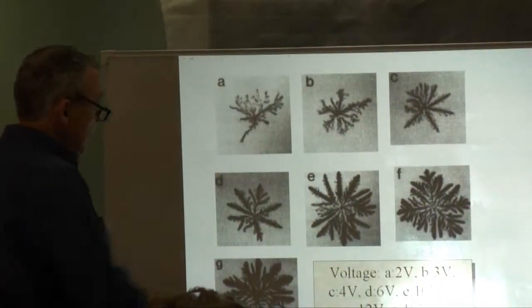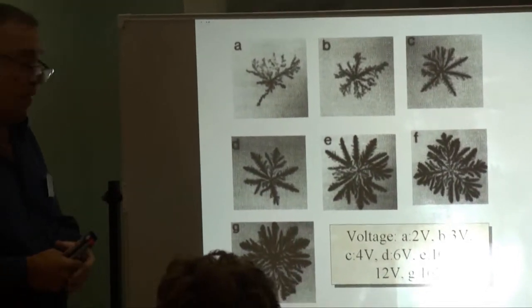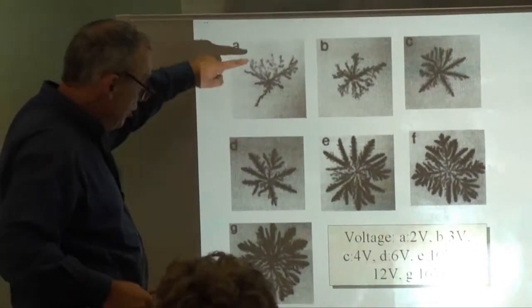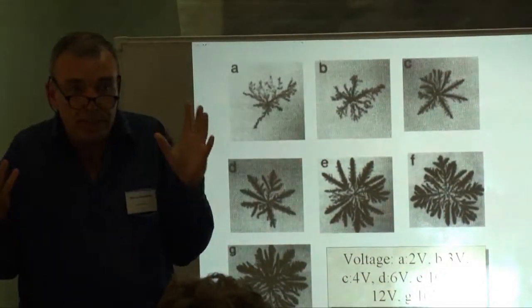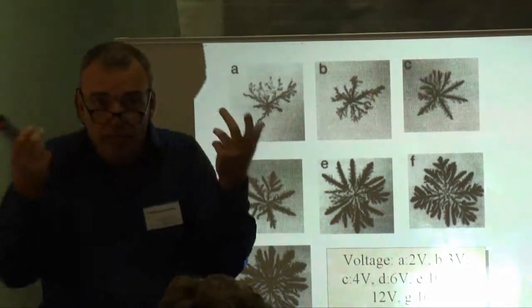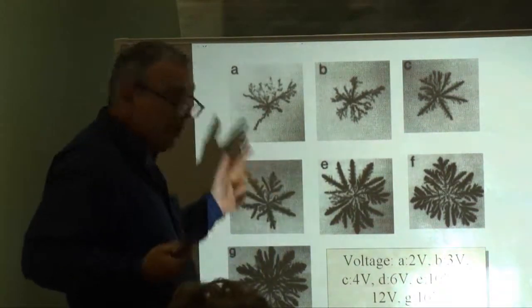Well, it happens this. So this is again pictures from experiment. If you increase the voltage, you see that the pictures are relatives. Okay, they look the same, but they are not exactly the same.